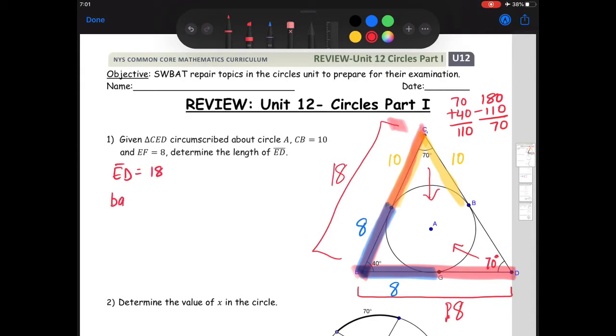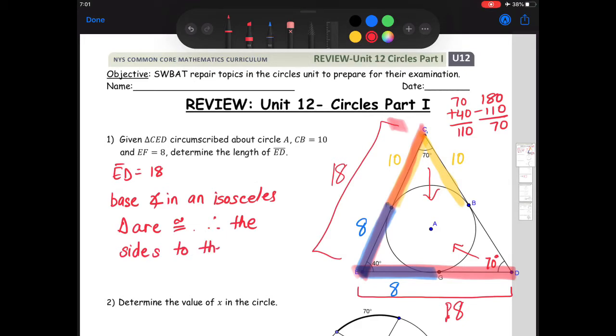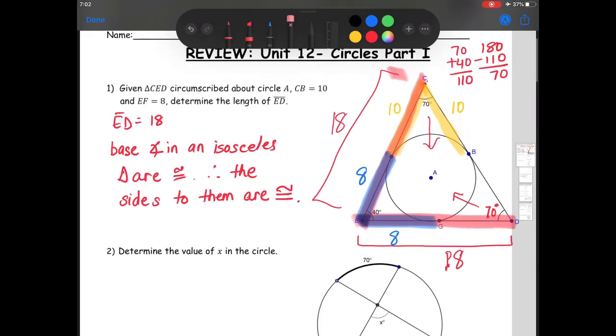Base angles in an isosceles triangle are congruent. Therefore, the sides opposite to them are congruent.